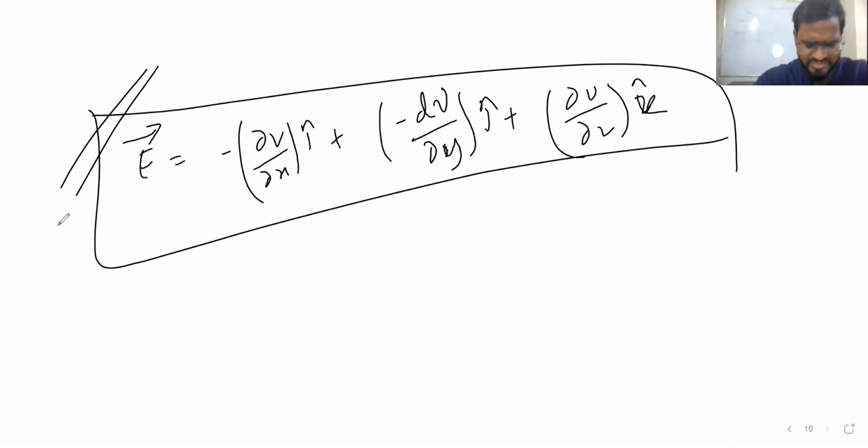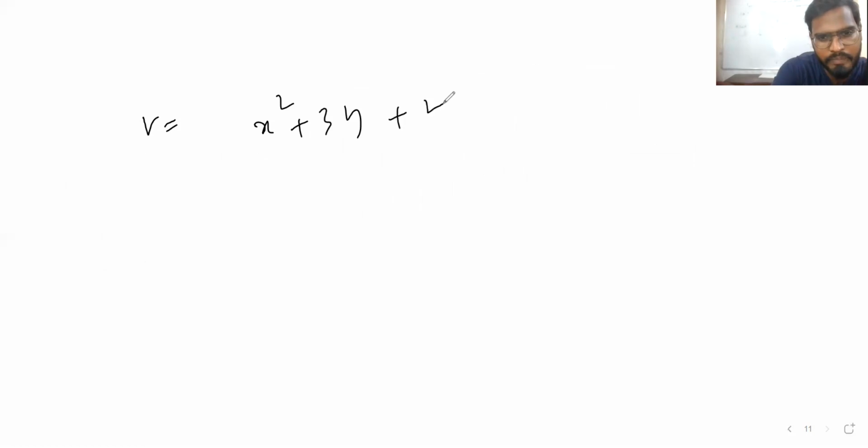Let's see one or two questions, they will be easy only here. Voltage V is equal to x square plus 3y plus z cube. This is given, voltage is this. Find E at 1, 0, 1.